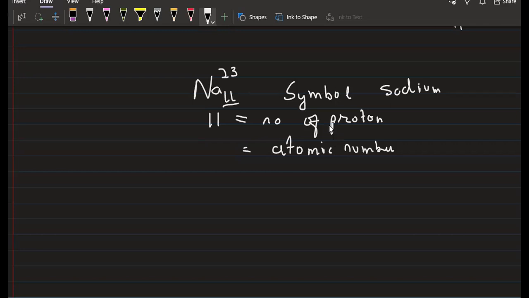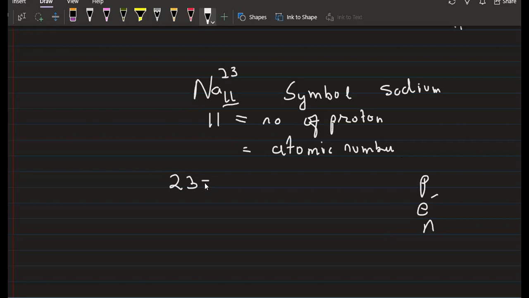Now what about this 23? What is this 23? Yes, Arav, that's my question, right? Now, except proton, we have electron and neutron. Got it? But we know that protons and neutrons are in the nucleus, and electrons revolve around the atom, and the number of protons and the number of electrons is the same in a neutral atom, right? So what is this 23?